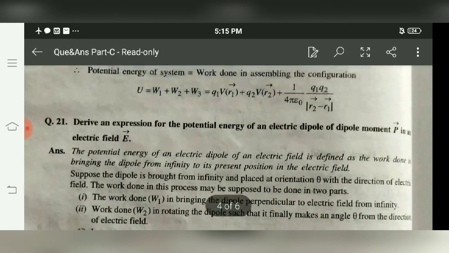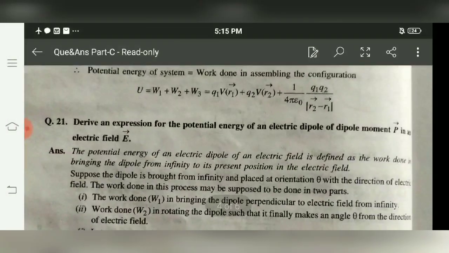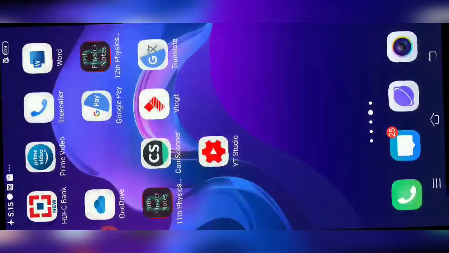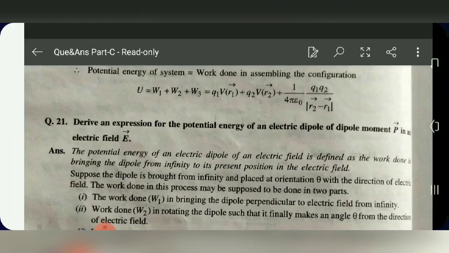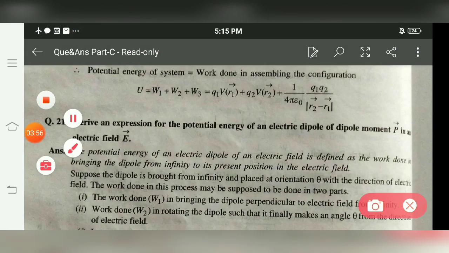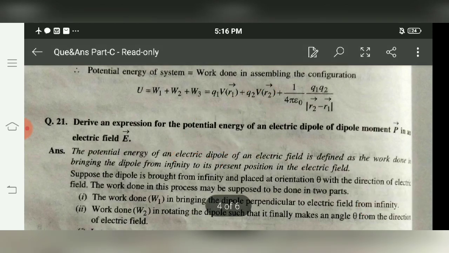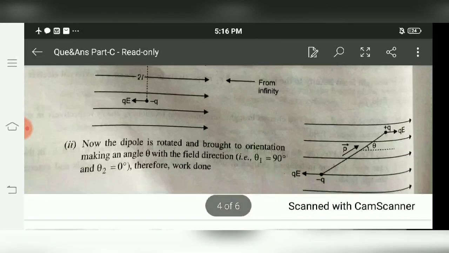We had done all this. Potential energy U is equal to P dot E, and torque is equal to P cross E. We already did this.